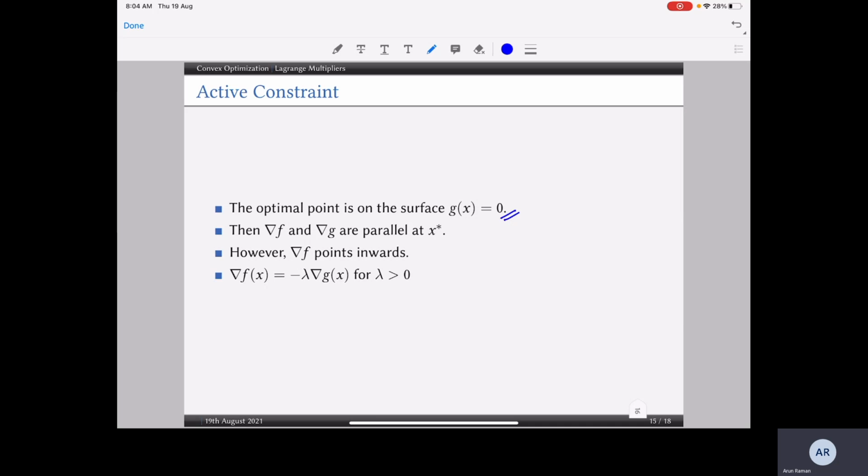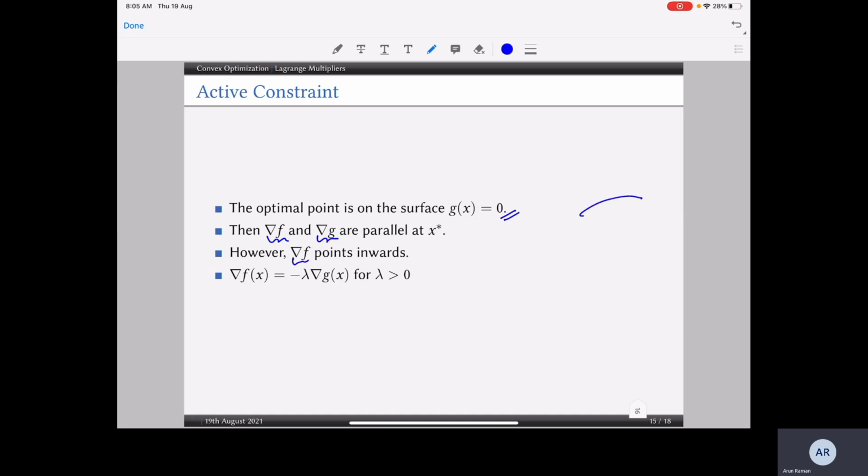So an active constraint is a case where the analysis is similar to what we did for the equality constraints. In this case, the gradient of f and the gradient of g are parallel at x star. It's the same thing that we saw earlier. However, the gradient points inwards.